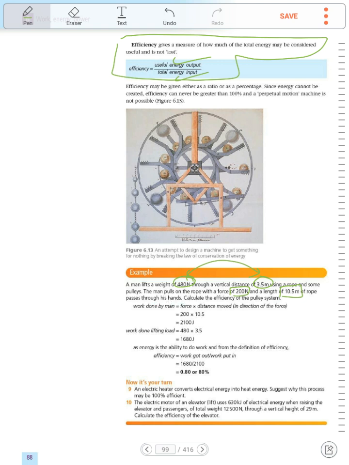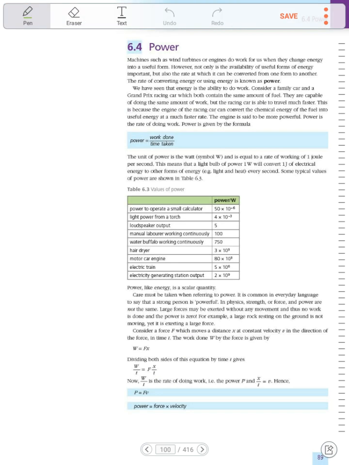So the work done by the man is the force multiplied by distance moved, and the work done lifting the load is 480 multiplied by 3.5. Divide the output energy by input energy, or output work by input work. You see that the efficiency is just 80%, which is a good value. It's not a bad value. Most cars' efficiency is less than 65%.